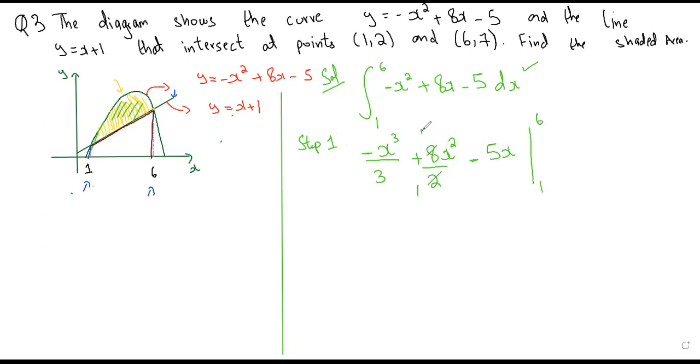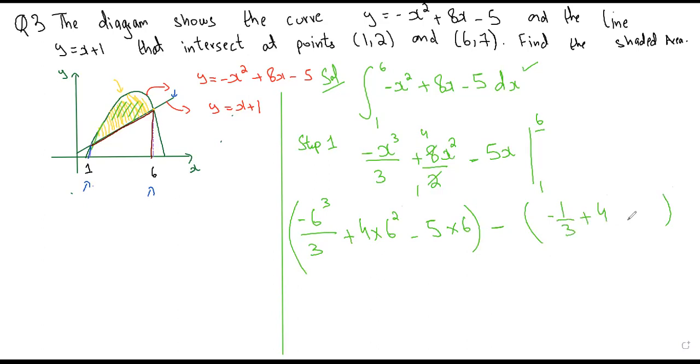Let's simplify this. And now we'll plug in 6. So it would give me minus 6 cubed by 3 plus 4 into 6 squared minus 5 into 6. And then minus. And now I need to plug in 1. So minus 1 by 3 plus 4 and then minus 5.